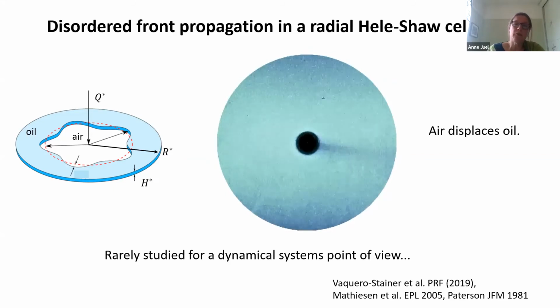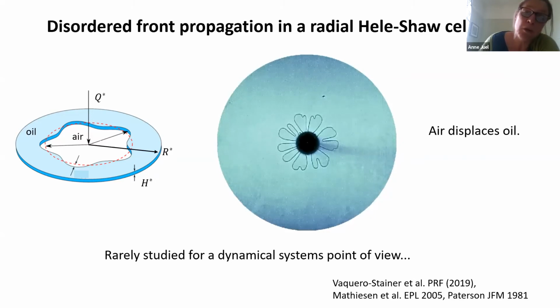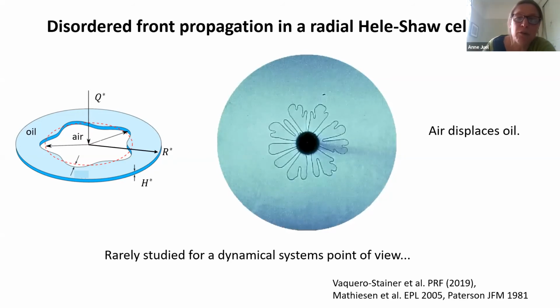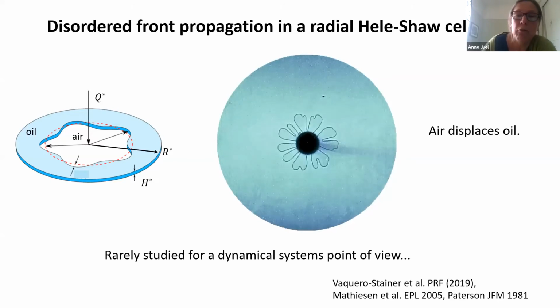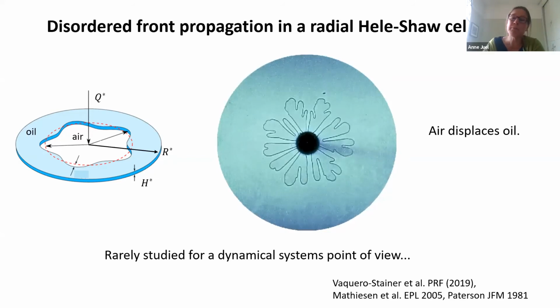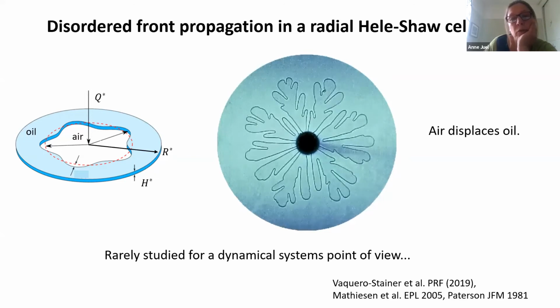But I would argue that this is disordered front propagation, and you could say, well, the aspect ratio of the system is pretty small, so how do you know? But if you move to much larger cells, you find that you can get fractal growth exponents for these types of complex patterns. But it's not really looked at from a dynamical systems point of view.